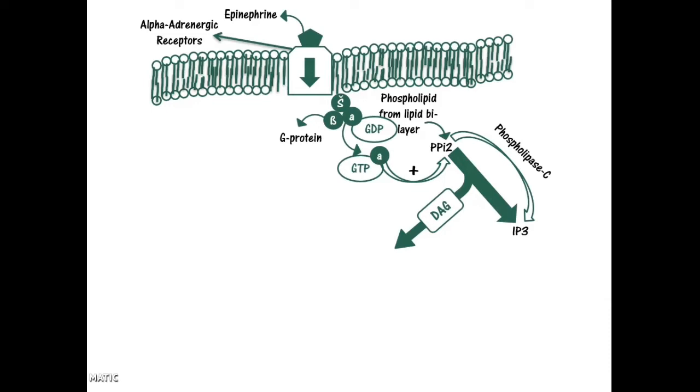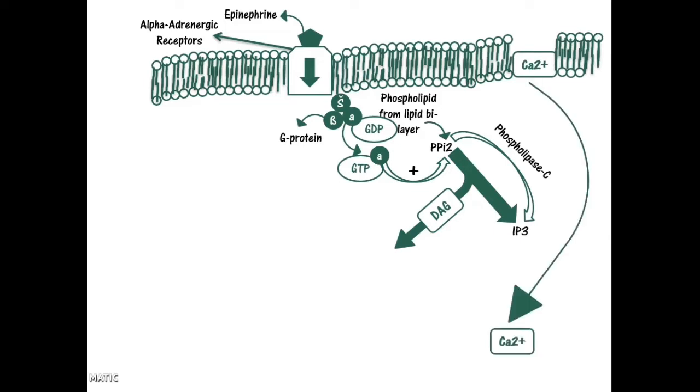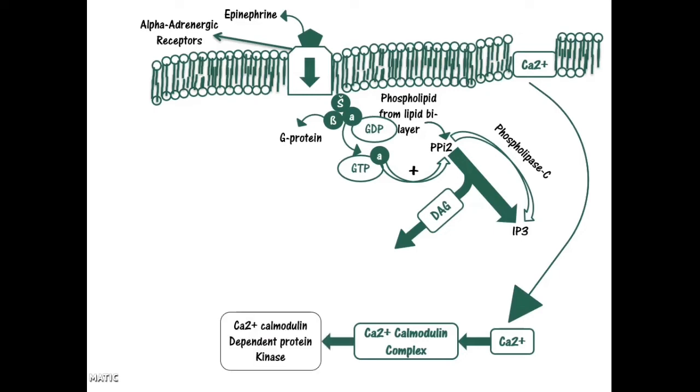Let's start with IP3. This IP3 will work on the calcium channels of the phospholipid bilayer by activating them, allowing the release of calcium inside the hepatocytes. This released calcium will bind to calmodulin, forming the calcium calmodulin complex, which will form a calcium calmodulin dependent protein kinase.